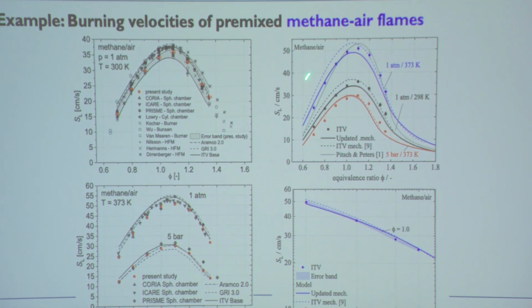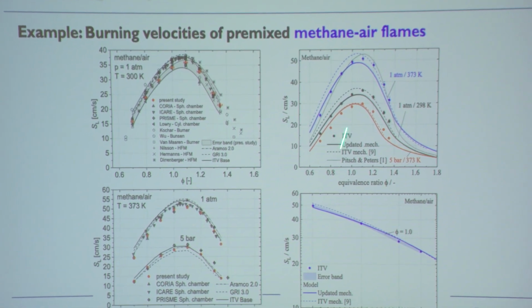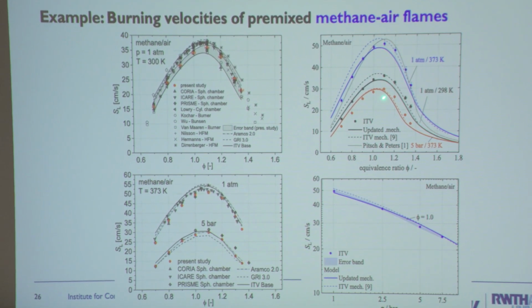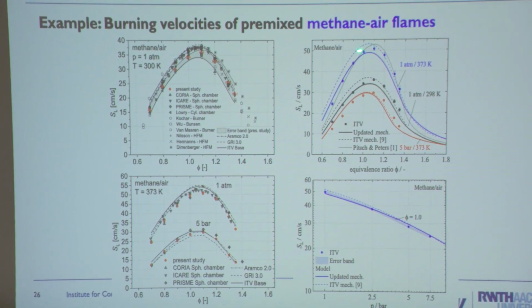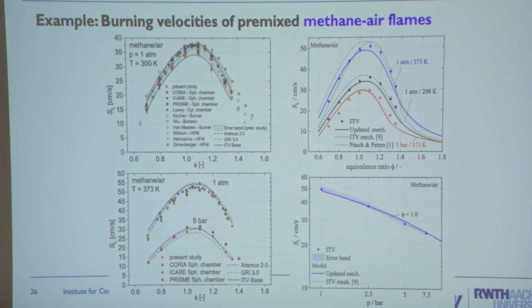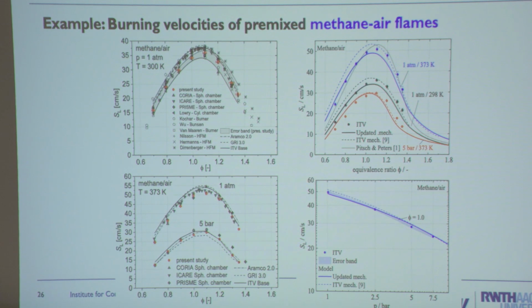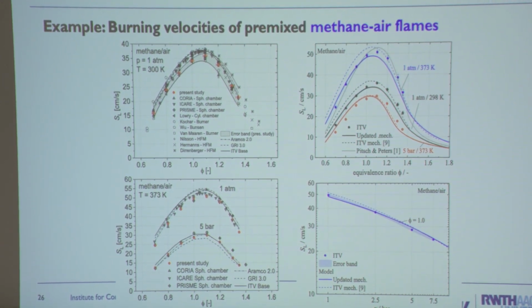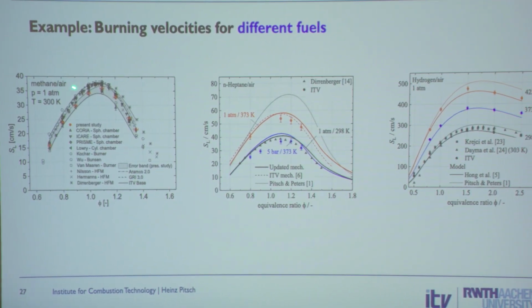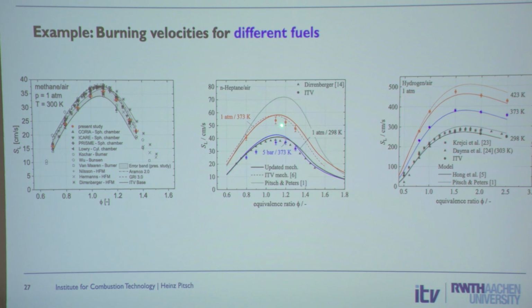And then here, this shows different temperatures. And you see, of course, if you go to higher temperature, it gets much faster. And that's expected also because, you know, chemistry, higher temperature always means things go exponentially faster, right? And then this here shows different fuels, methane. This here is heptane.